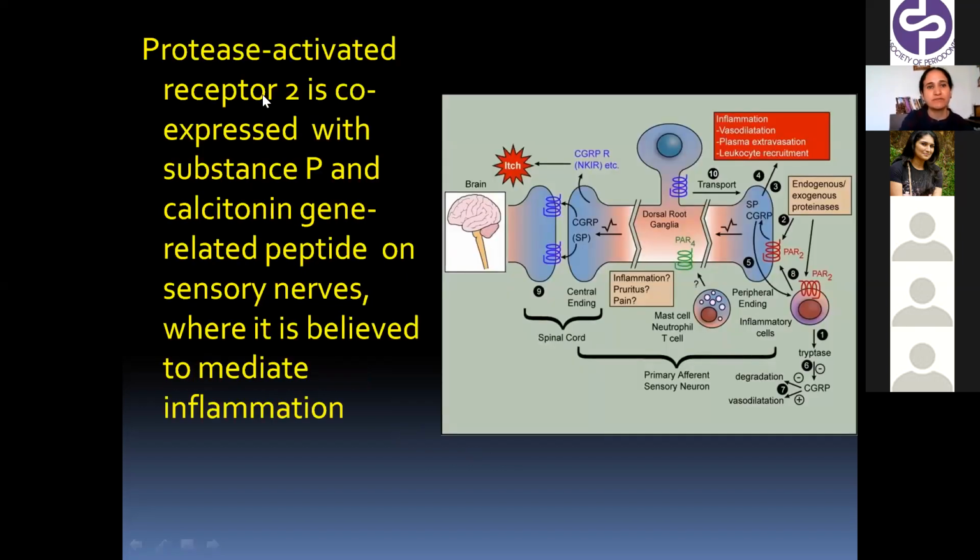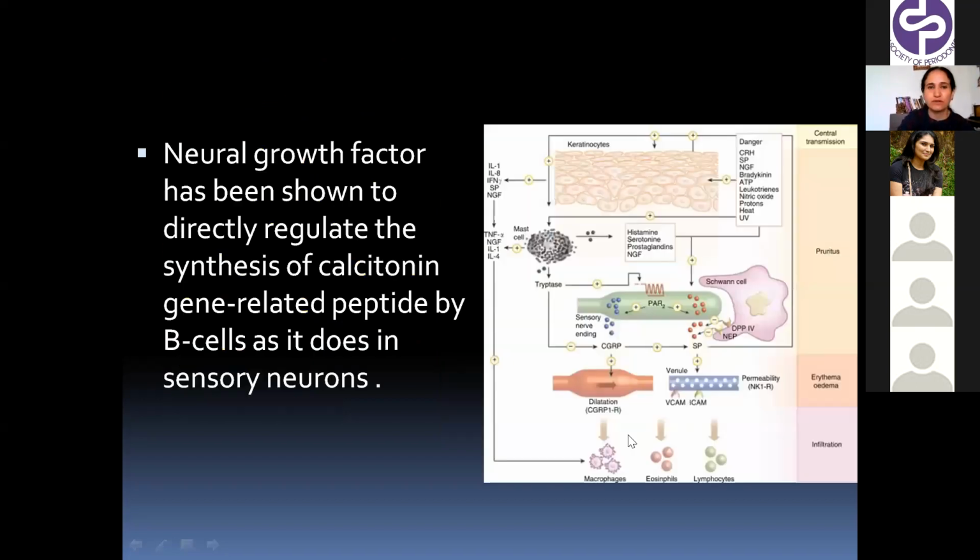This protease activated receptor is co-expressed with substance P. I was telling you there are three neuropeptides which are important from the periodontal point of view. So they're expressed with the substance P, where it's believed to mediate the inflammation. So this is how it will activate with the substance P and lead to the inflammation.